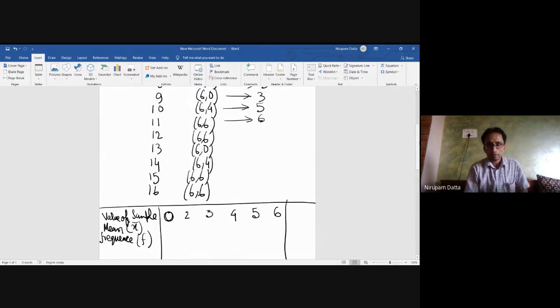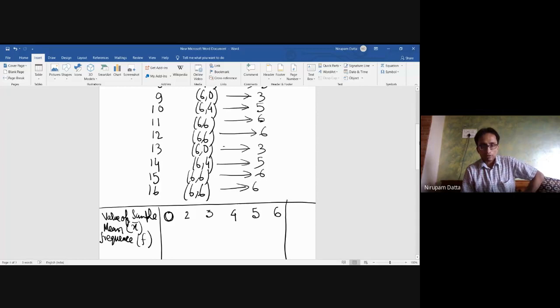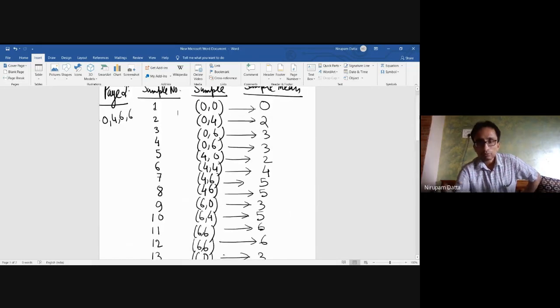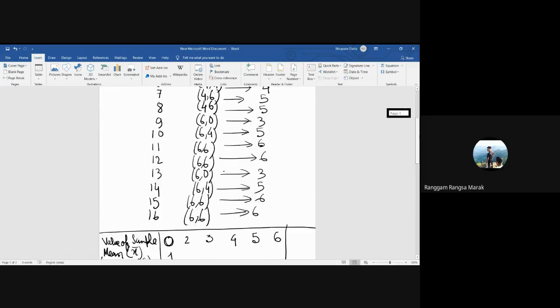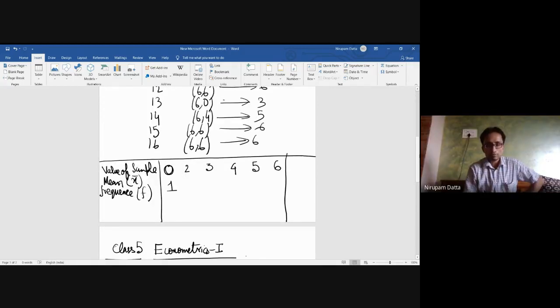Second, I have to write this. 6, 3, 5, 6, 6. So how many number of times 0 is appearing? 0 is appearing only 1. Okay. How many number of times 2 is appearing? Let us see. 1, 2. So 2 number of times.